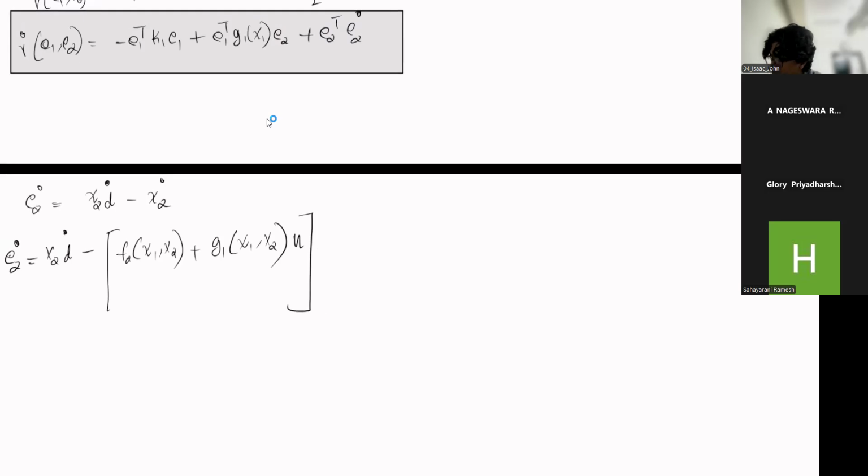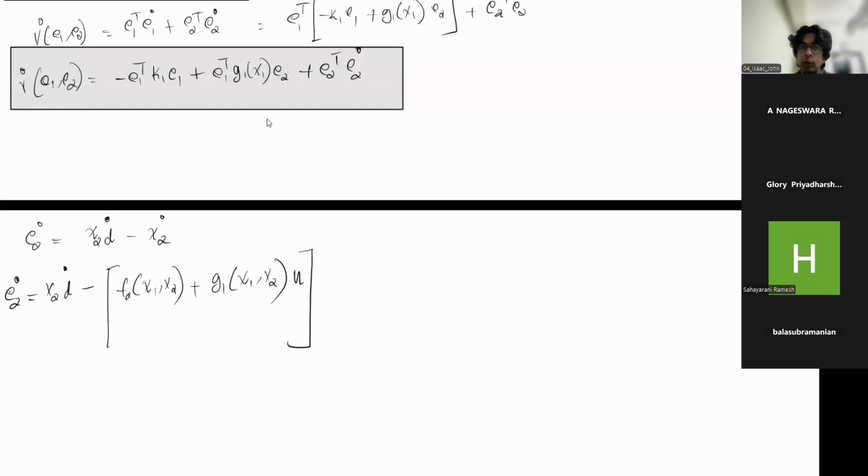Now what you have to do is find the control vector U, so that once you substitute this E2 dot into this expression, this whole V dot would be less than 0. So how can you do that?